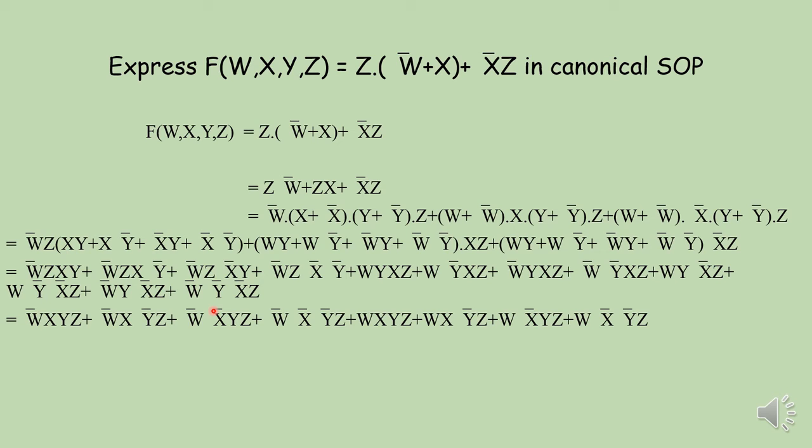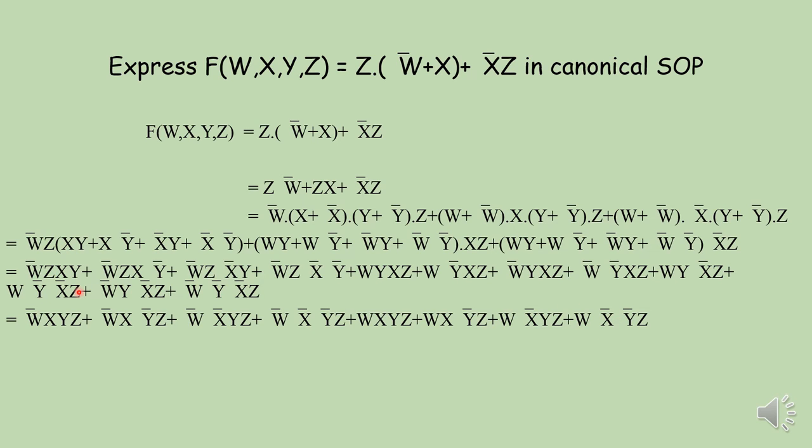Removing the repeated terms, here we get this value: w bar x y z plus w bar x y bar z plus w bar x bar y z plus w bar x bar y bar z plus w x y z plus w x y bar z plus w x bar y z plus w x bar y bar z.